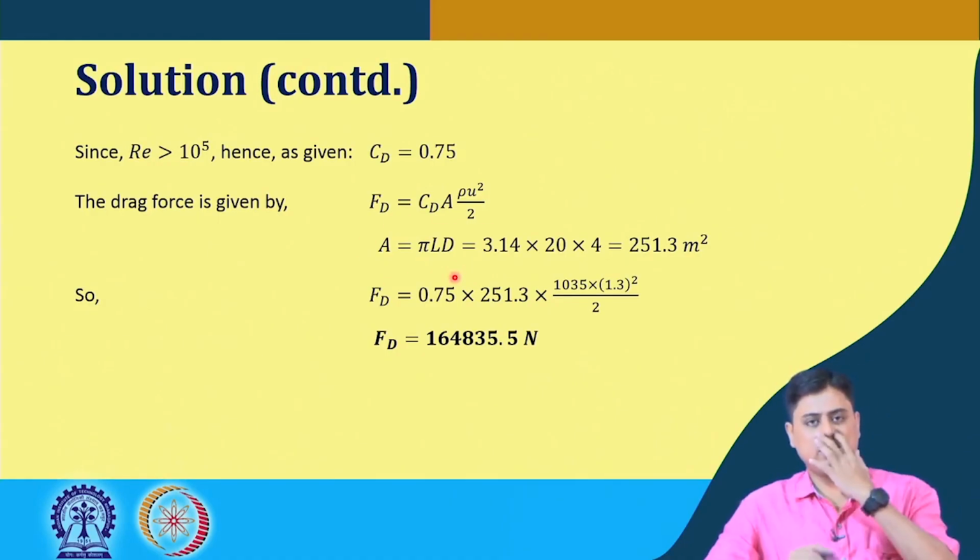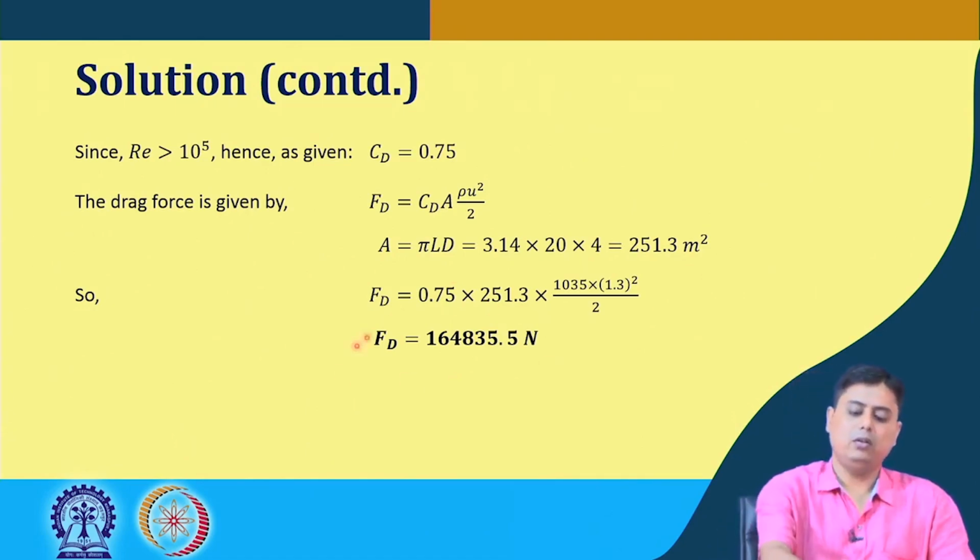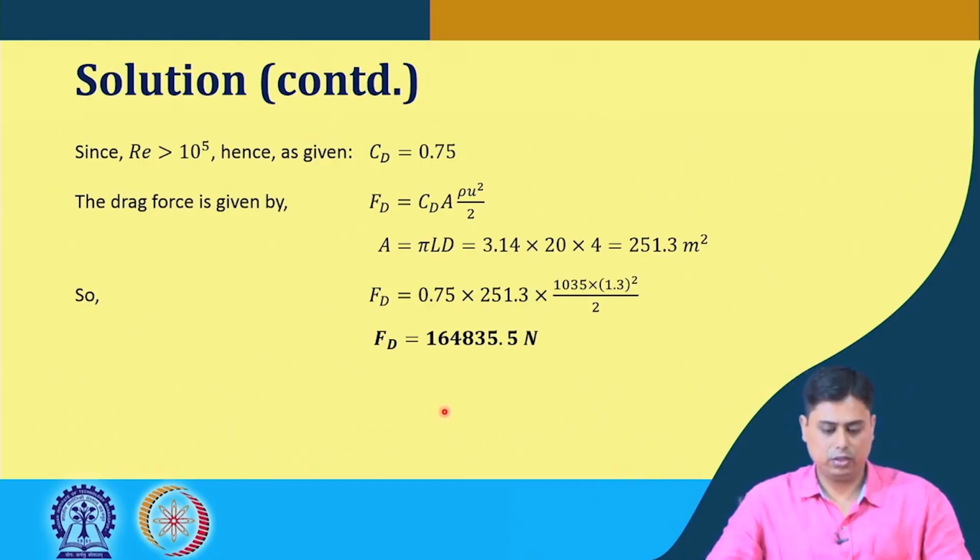It is like, let us say, a submarine going through the water with a velocity of 1.3 meter per second or something like that. Then it has its surface area on which the drag force is acting. So, accordingly the area is calculated and the drag force is calculated, which is around 1.6 into 10 to the power 5 Newton.